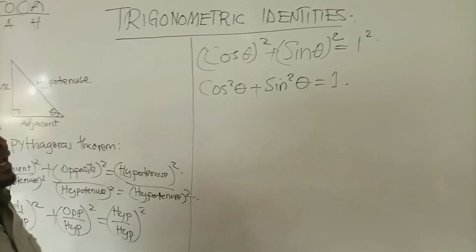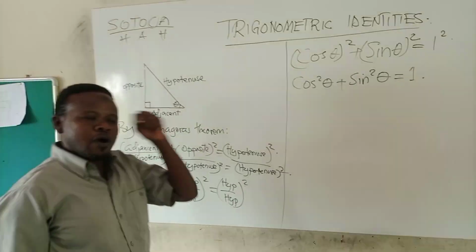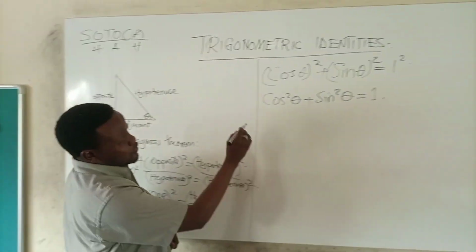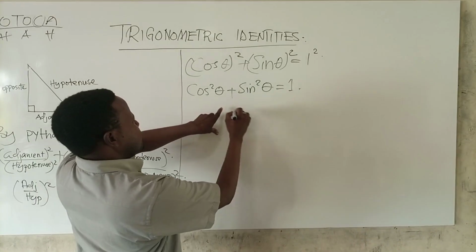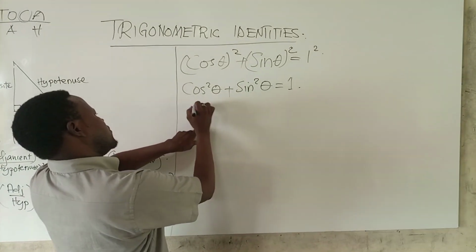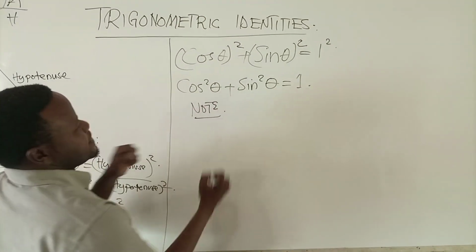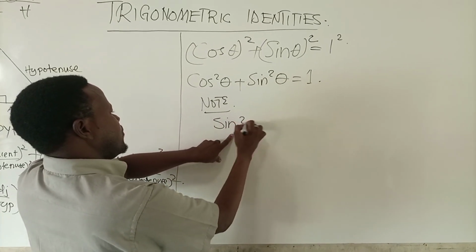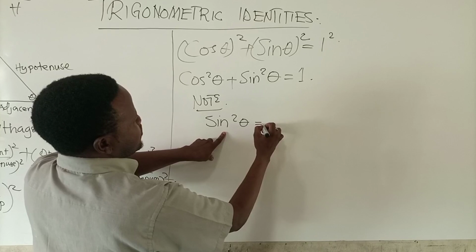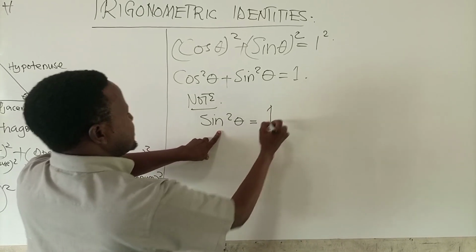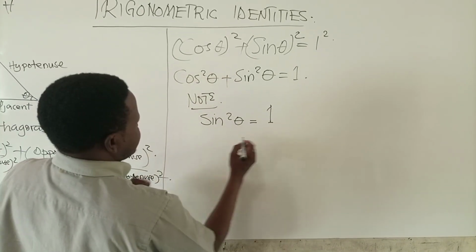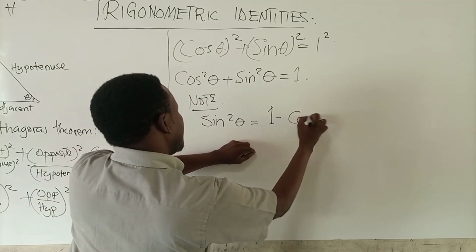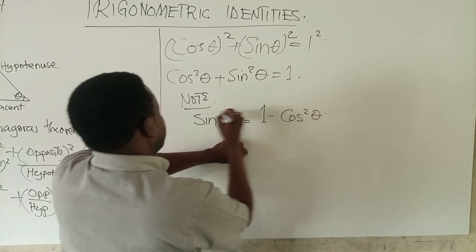So this is one of the identities of trigonometry. From this note, we can derive that sine square theta is equal to 1 minus cos square theta.